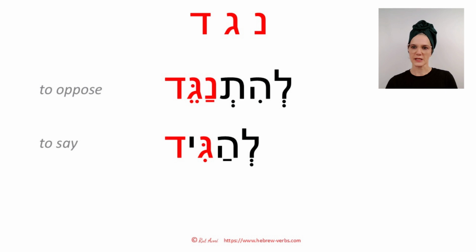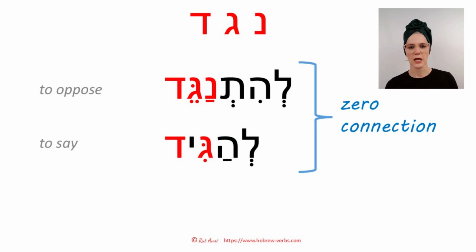And on top of it, zero connection. Zero connection. No, you do not have to think around and make it complicated. Saying something is not necessarily saying something against. Forget it. These are two different verbs sharing the same root.